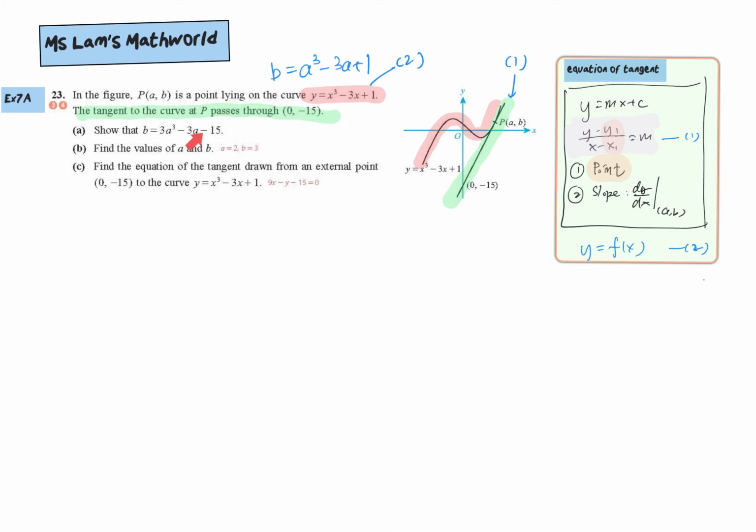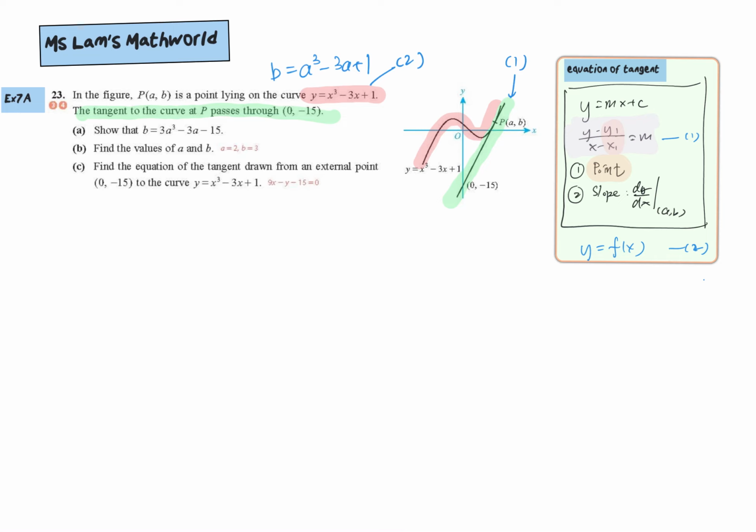You can see, obviously, these two are not the same. That means the question didn't ask us to do this in part A. Then what should we do? Wait a minute. We still haven't used the point A to substitute into the equation of tangent, right?